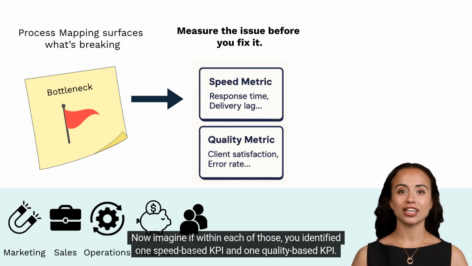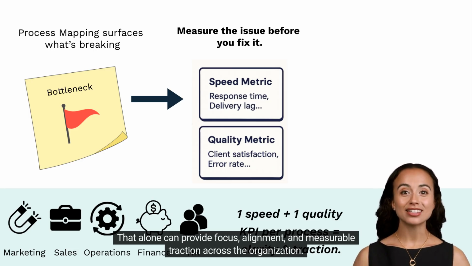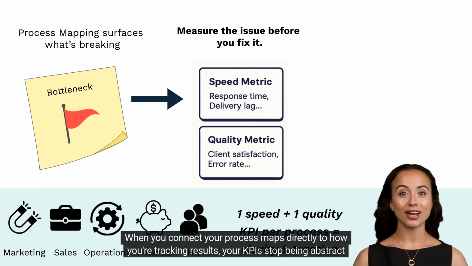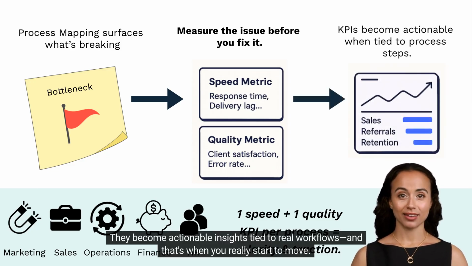Now imagine if within each of those you identified one speed-based KPI and one quality-based KPI. That alone can provide focus, alignment, and measurable traction across the organization. When you connect your process maps directly to how you're tracking results, your KPIs stop being abstract numbers. They become actionable insights tied to real workflows, and that's when you really start to move.